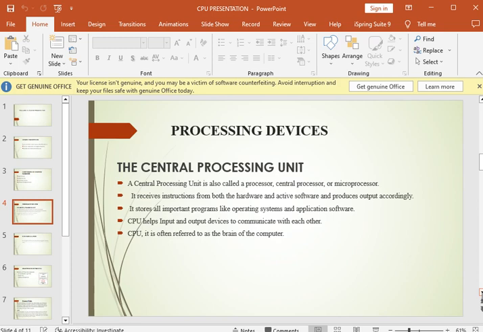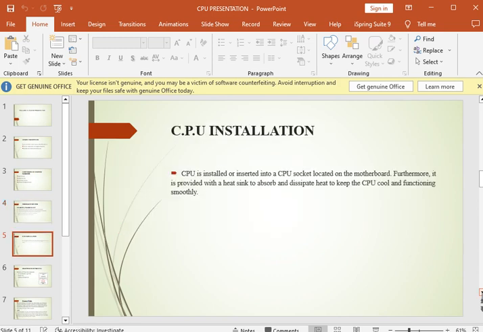It stores all important programs like operating systems and application software. CPU also helps input and output devices to communicate with each other. Lastly, the CPU is often referred to as the brain of the computer. That is where everything is performed.